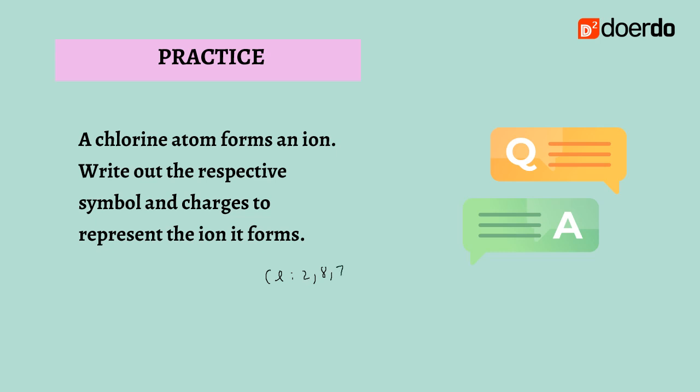To obtain the stable electronic configuration of argon, which is the closest noble gas to itself, which is 2, 8, 8, it will need to gain one valence electron. So your equation will be as such, and the question is asking you to write the symbol and the charges. This will be your final answer, simply Cl minus.